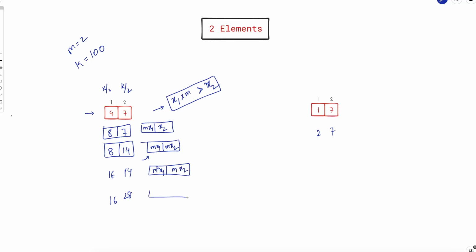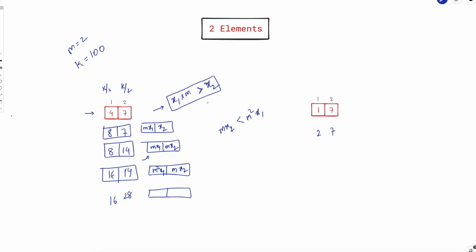Now the question really you need to answer is that if you keep on doing this, currently you can see this, okay, 16 is greater than 14, so you will now apply operation here, but will this always continue? In other words, would mx2 be smaller than m square x1 always or not?